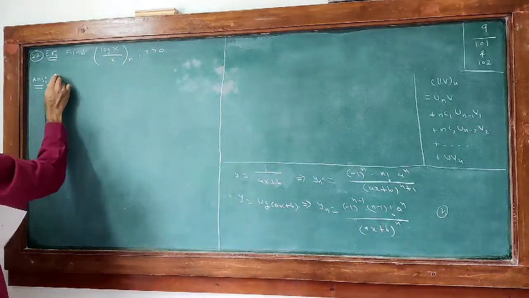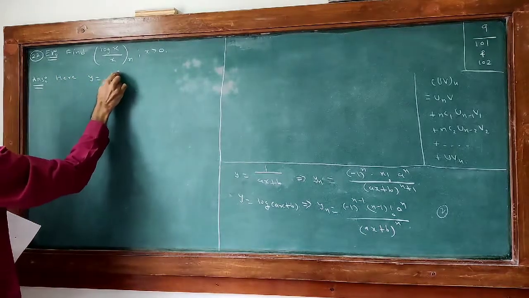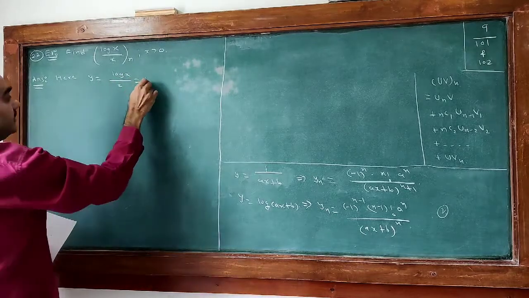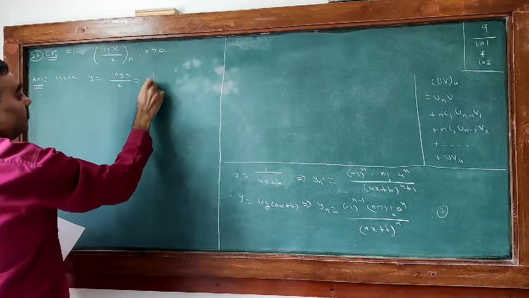Here y is equal to log x upon x, that is 1 upon x into log x.